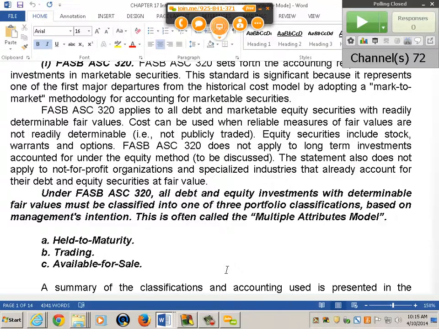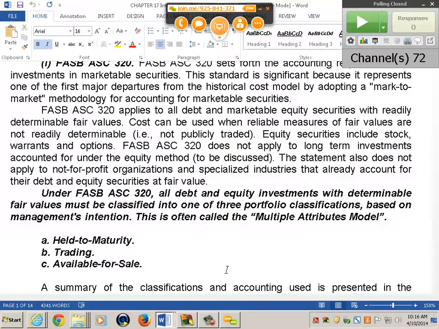And the question, of course, is where does the gain or loss wind up? It does not apply to the equity method, which we'll talk about in a minute, and it also doesn't apply to not-for-profits. But under the standard, all debt securities and all equity securities will be marked to market, unless, of course, fair values are not readily determinable.